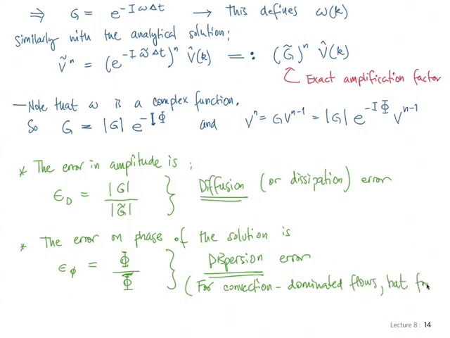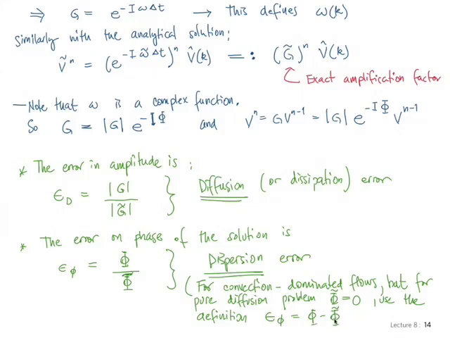But if you have pure diffusion, for pure parabolic problems, then in that case the phase angle is 0 for the parabolic one, and so you can't divide by 0, so you use the alternative definition: error phi equal to phi numerical minus phi exact, so that you don't have a problem dividing by 0 there.